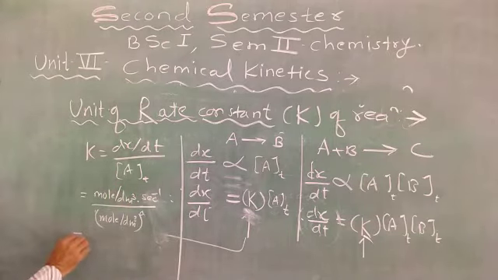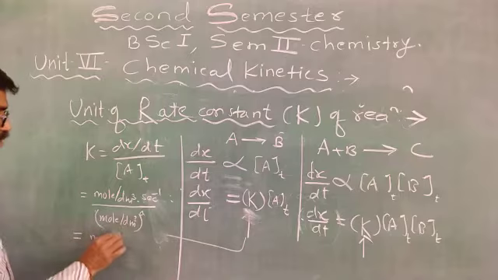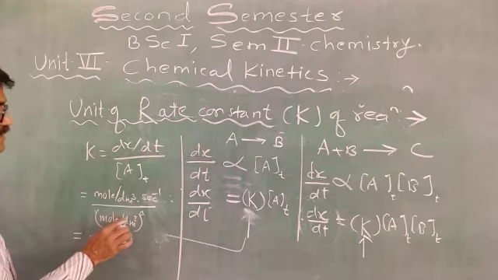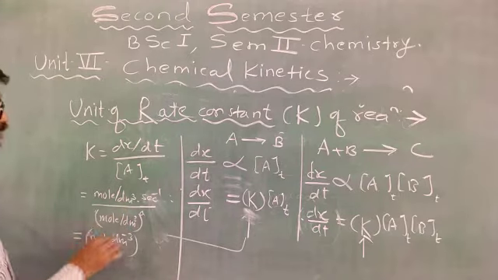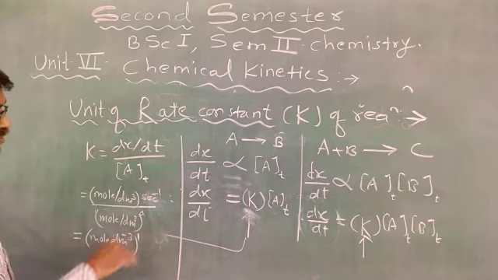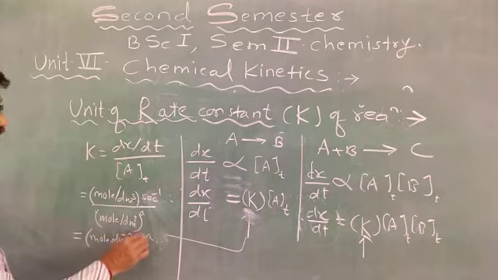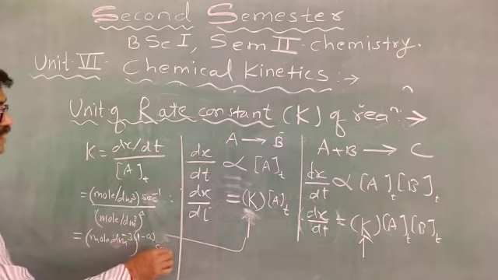Now again, moles per dm cube, or we may write mole dm cube raised to minus 3. And there is no separate power here; it becomes 1 minus a, because these two terms are the same, into second inverse.